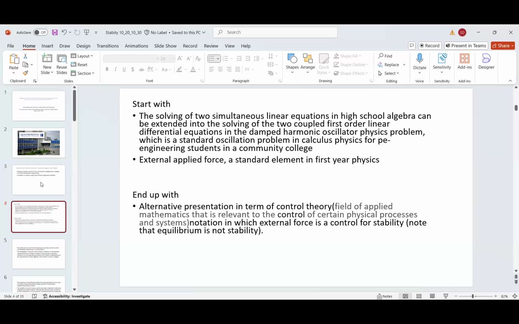We end up with an alternative presentation in terms of control theory, the field of applied mathematics that is relevant to controlling certain physical processes and systems. The external force is control for stability.